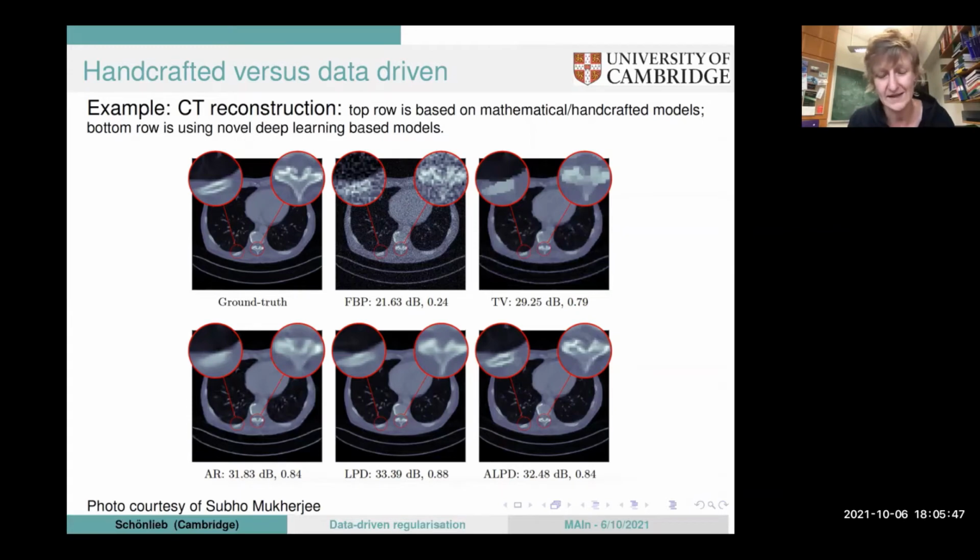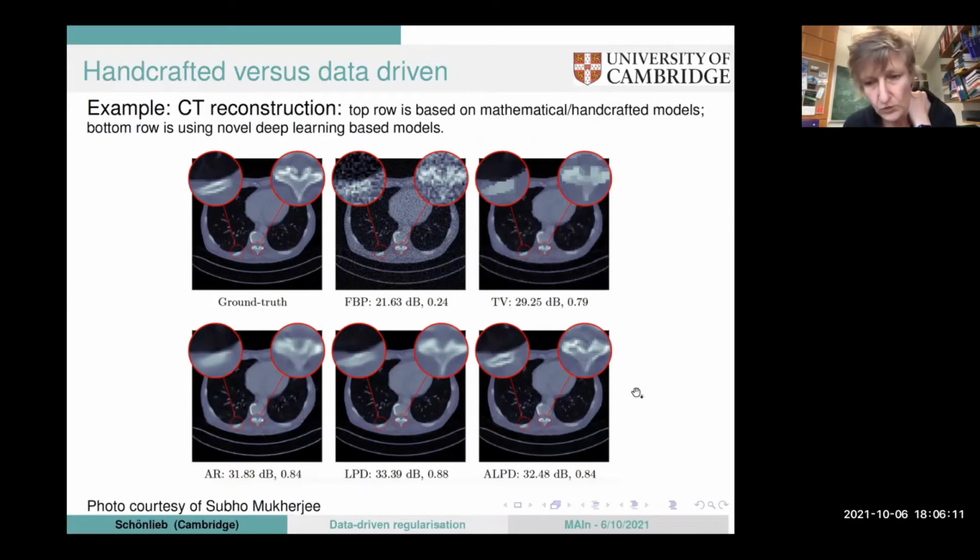It works much better to a certain extent. And again, better, we can discuss later what better means. But here you see, in the first row, what I've just shown you before: the reconstructions without any learning, so just the TV reconstruction in this case.